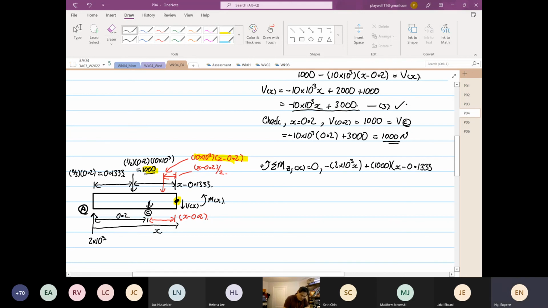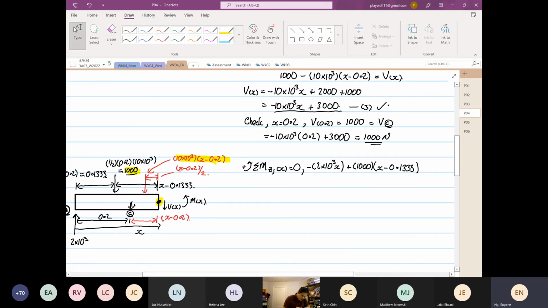And then we have again plus 10 times 10 to the power 3 times x minus 0.2, squared, divided by 2, because of the distance.